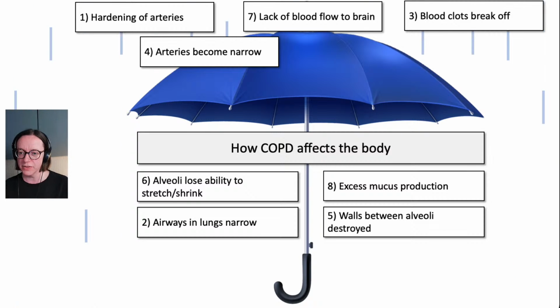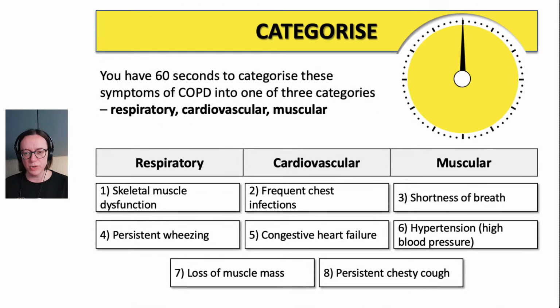Okay, so still on the COPD theme, I'm going to give you another 60-second activity. I want you to categorise these symptoms of COPD into one of 3 categories. So respiratory, cardiovascular or muscular. So all these symptoms on the screen can be categorised as respiratory symptoms, cardiovascular symptoms or muscular symptoms.